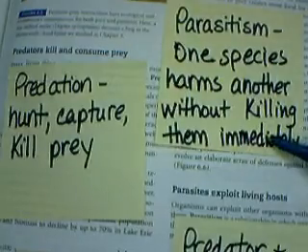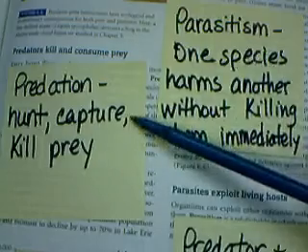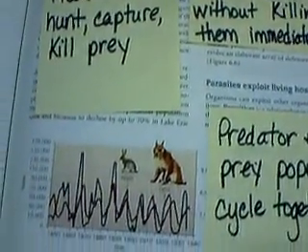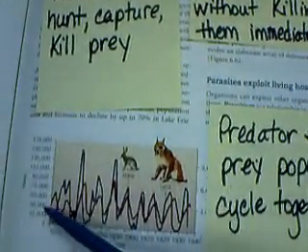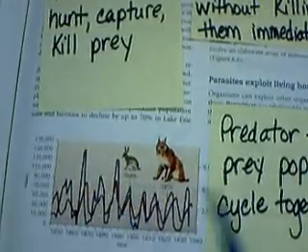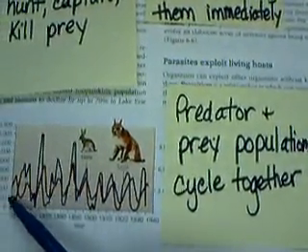Alright, we have this lovely snake here eating a toad, and this is under the title Predators Kill and Consume Prey. Predation is where you hunt, capture, and kill prey immediately. Parasitism, however, is when one species harms another without killing them immediately.